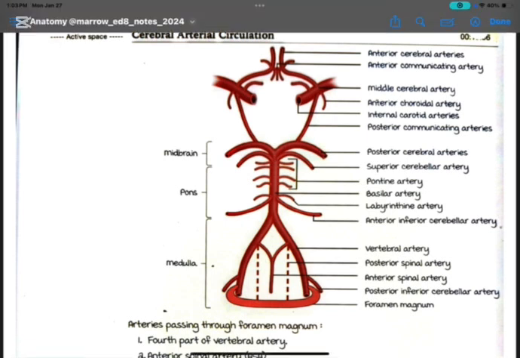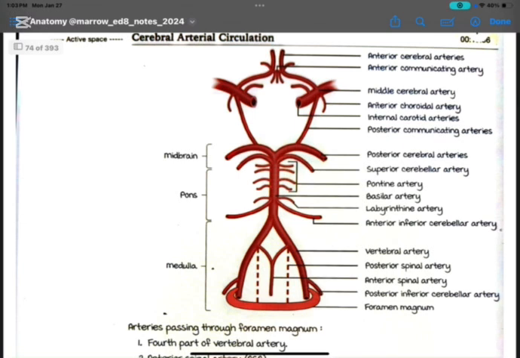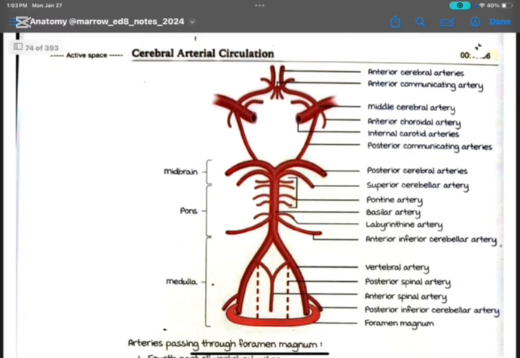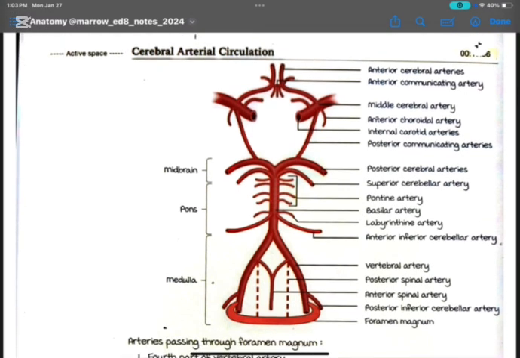Cerebral arterial circulations. Anterior cerebral arteries and anterior communicating artery, middle cerebral artery, anterior choroidal artery, internal carotid arteries, posterior communicating artery.